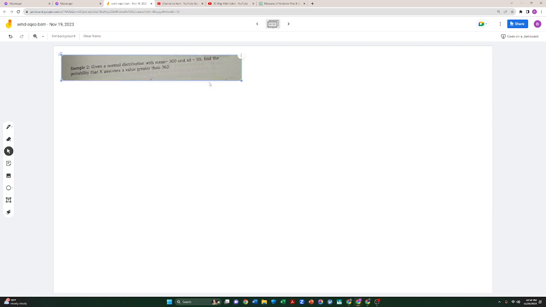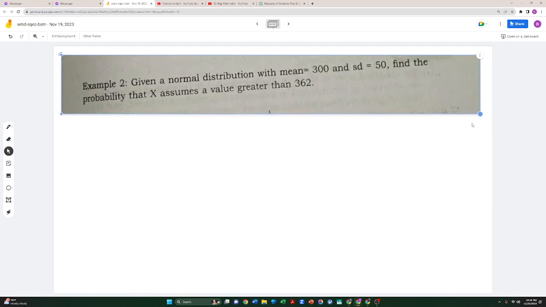As you can see here, given the normal distribution with the mean of 300 and the standard deviation of 50, find the probability that x assumes a value greater than 362. Again, greater than. So wala na between, no? Greater than na diretso.